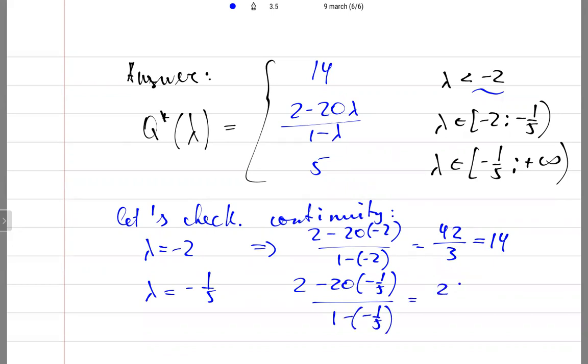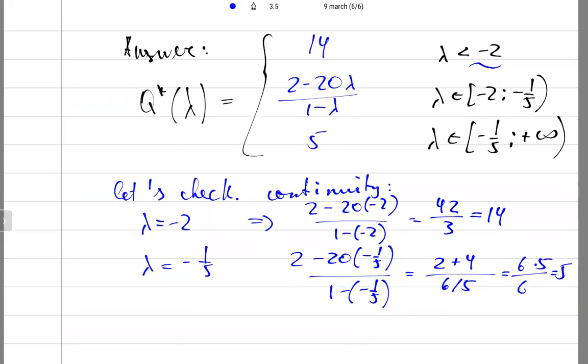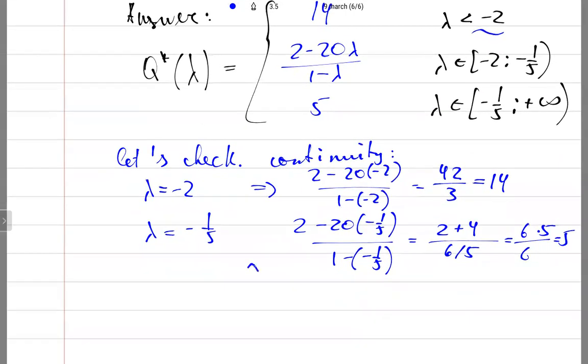It will be 2 plus 4 divided by 6/5, and it will be 6 times 5 divided by 6. It will be 5. Yeah, that's great. My function is continuous. I can even draw it. So this is lambda.